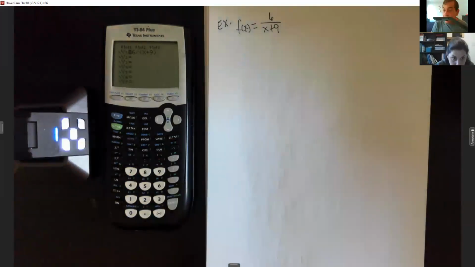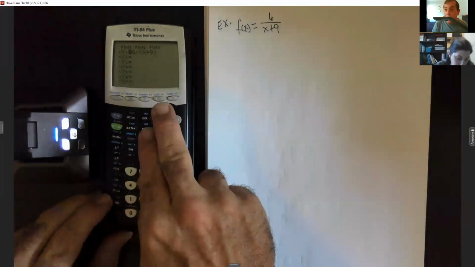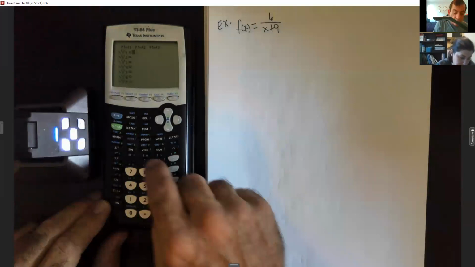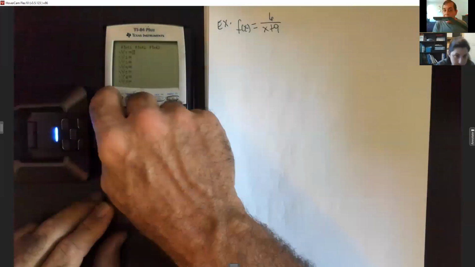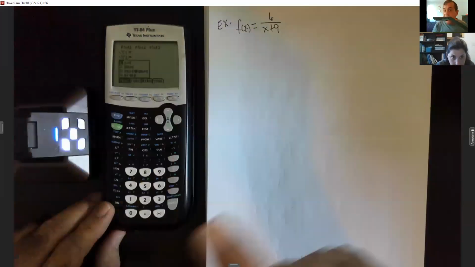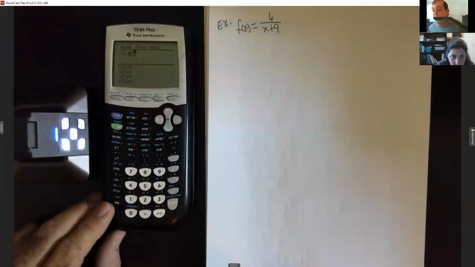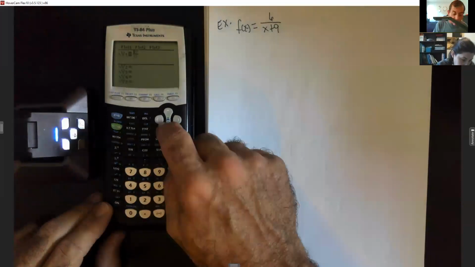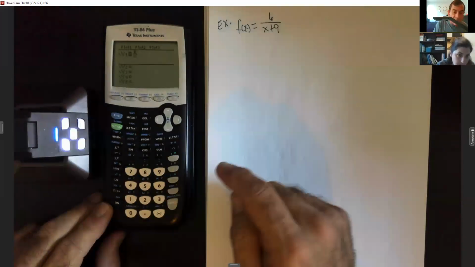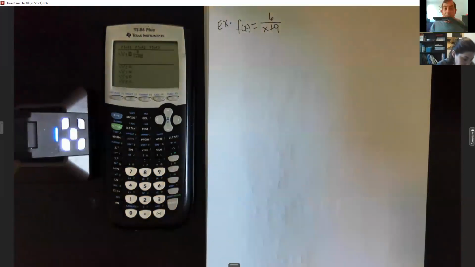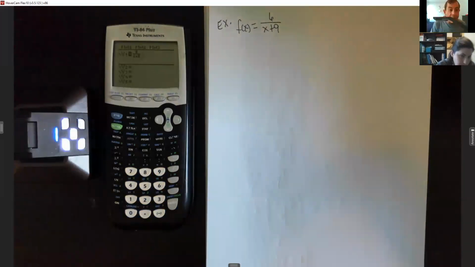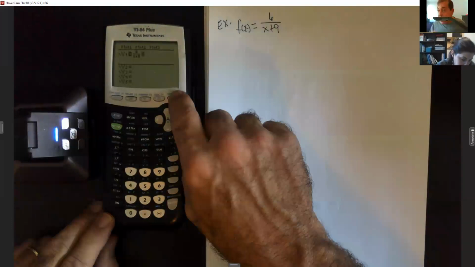So y'all see how I put that in? Now I'm going to show you the other way to put it in. So clear, you can hit alpha y equals, and I'm going to hit enter on n/d because when I hit enter, it makes it look like a fraction. I can put in my 6 and then arrow down and do x plus 9. So y'all, that'll work either way that I just showed you, okay? So now we want to hit graph and see what this graph is about to look like.